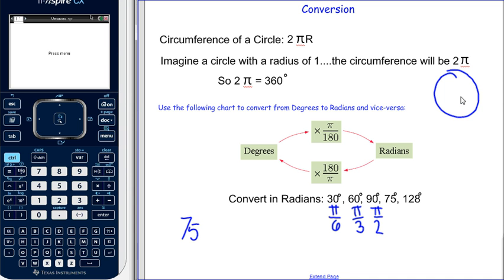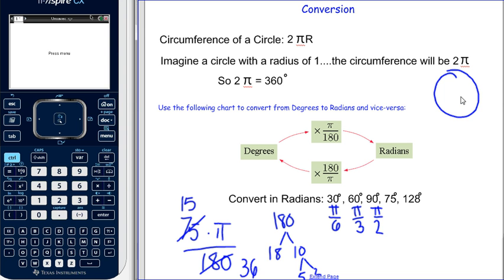Okay, 75 degrees, that one's a little trickier. So we'll do 75 times pi over 180. We can divide 75 by 5, which is 15. And 180 divided by 5 is 36.